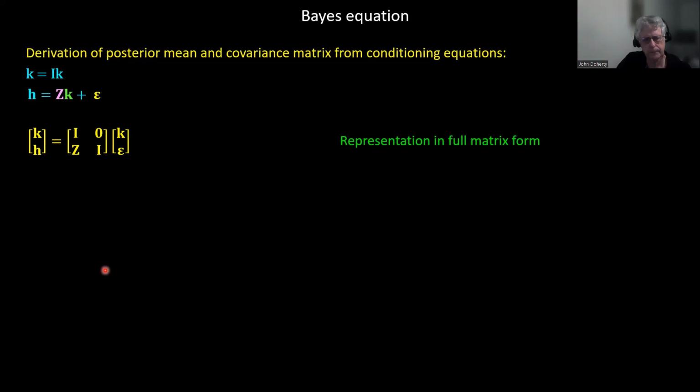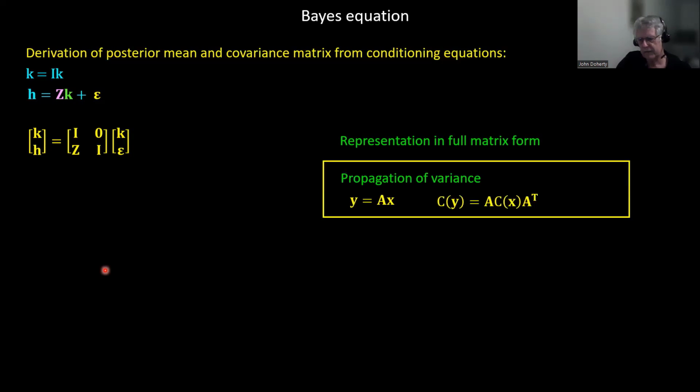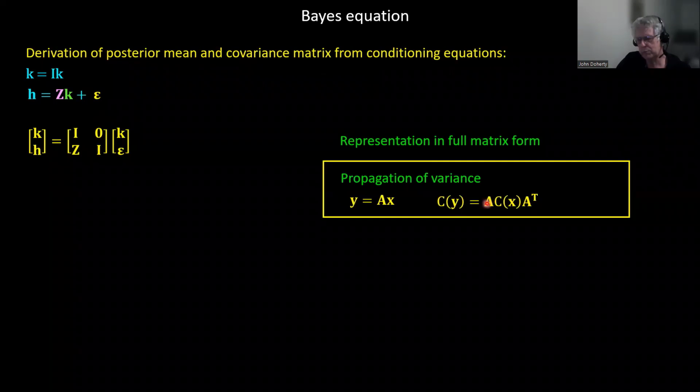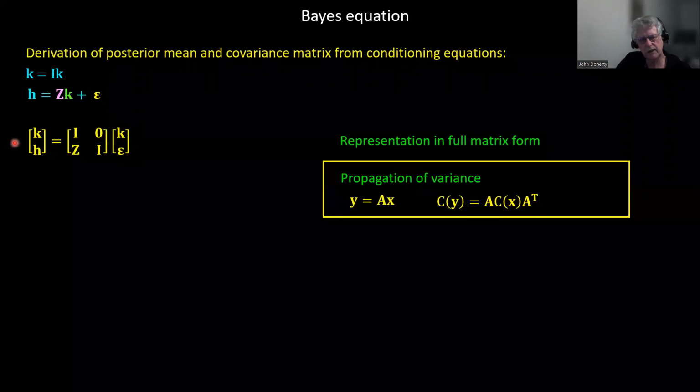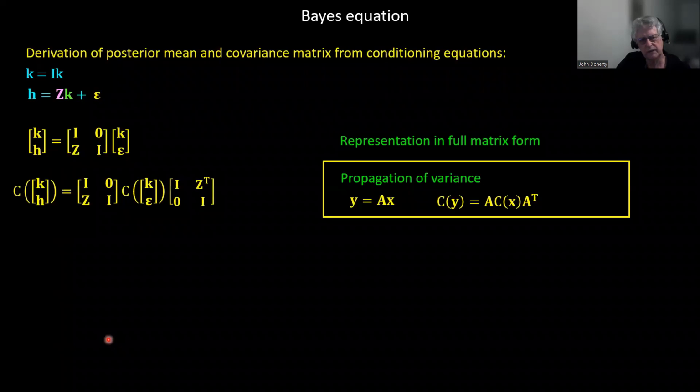Nothing new there. You haven't got to go too far before we've got to invoke this splendid little equation here that we've been using so many times for propagation of variance. Let me apply that to this equation to look at the joint covariance of k and h. And there it is, just applying that equation.